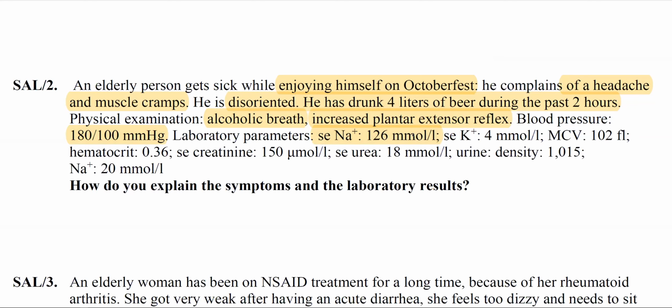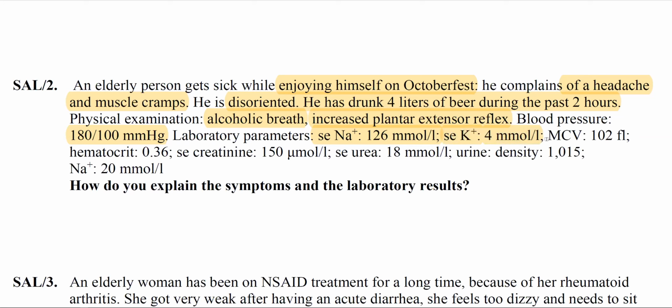So hyponatremia, clear. Maybe this is the opposite of what we saw in the previous one, maybe hyponatremic hypervolemia. Yes. And then the potassium level is okay.